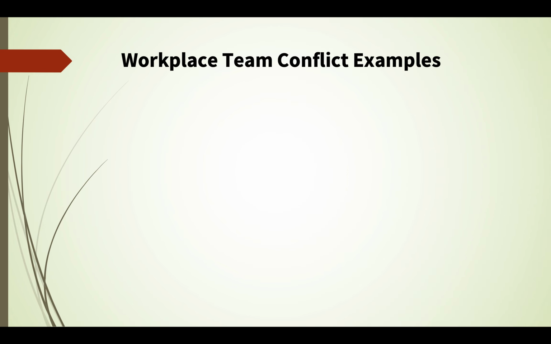The other one is workplace team conflict examples. Before you can work your way to better managing team conflict, you have to be across the types of conflict that can occur, and you should also be able to give examples of how effective teams deal with conflicts. There are a few types of team conflicts.